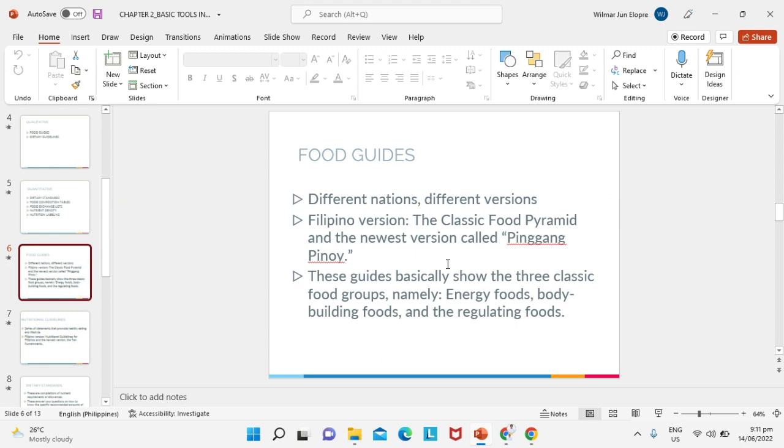But what about this one? Different nations, different versions. So let's take a look at the different versions of food guides in other countries. In China we have the food pagoda. You know what a pagoda looks like.